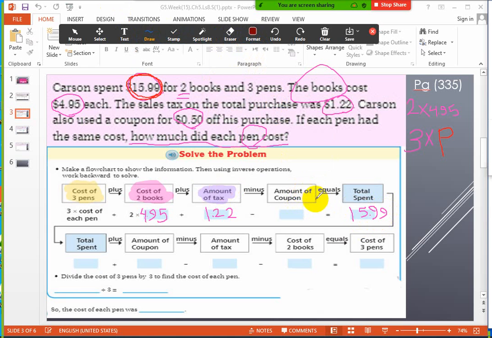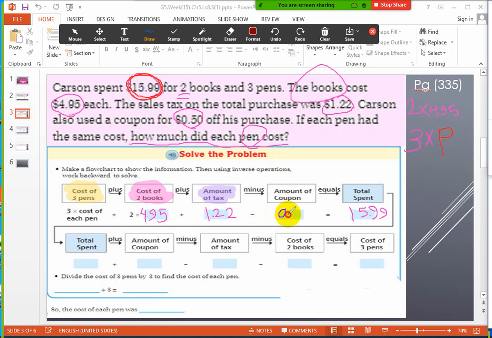But actually I forgot something. What is this thing? This is the coupon. The coupon is a discount. So when I have a discount, that means I have a minus. The discount means a minus. That means I have to subtract from the money $0.50.